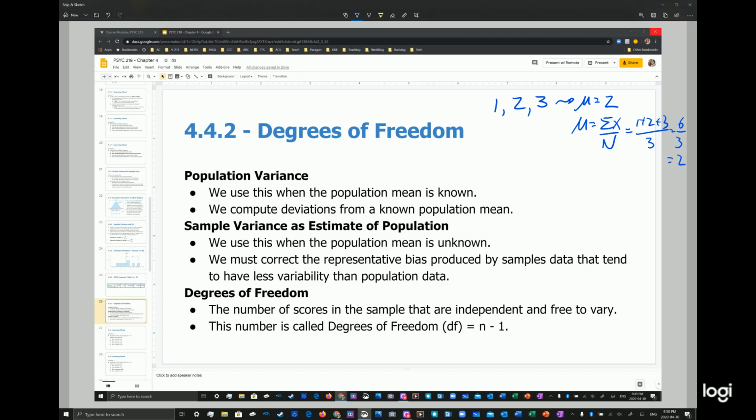Okay, and so notice here, if I knew that the mean, and the mean is calculated in a specific way with a specific formula, and there's only one way to do it, and the mean is 2, and let's say for some odd reason I lost one piece of population data, and so I only have 2 left, and we know there's 3 scores, and I know the mean of the score is 2, and I know one of the scores is 1 and the other one is 3.